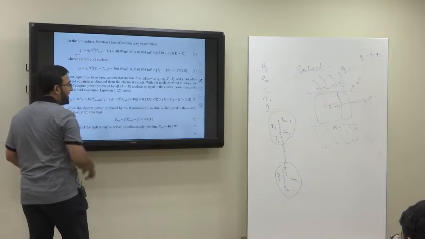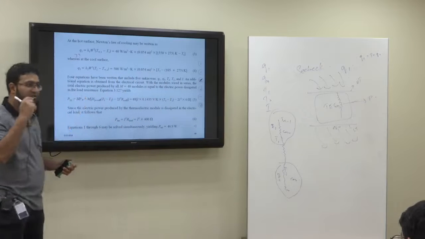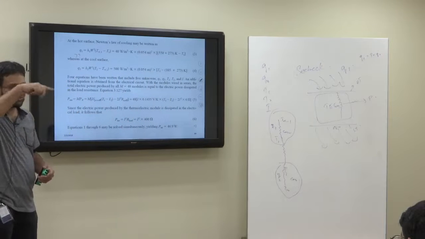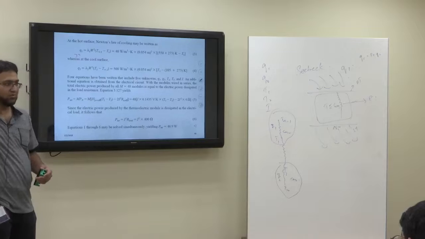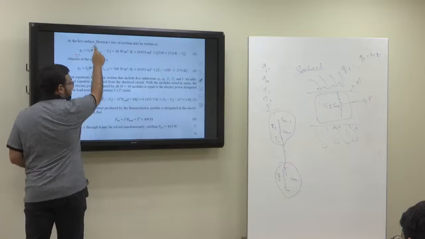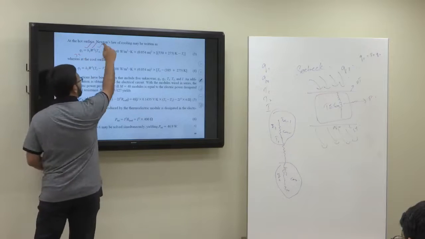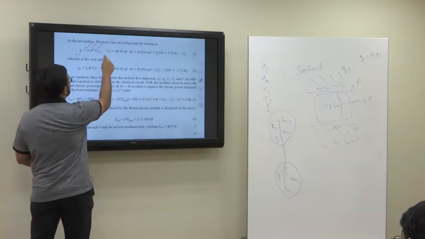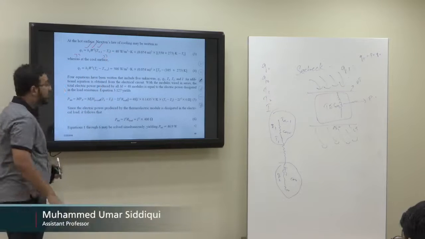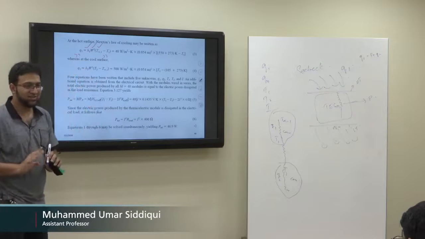Area for a single module is length times width, but this is a square, so it's W square. This is known. H1 is known. T infinity 1 is known, but T1 is unknown. Again, you have two unknowns in this equation. You cannot solve the equation still.